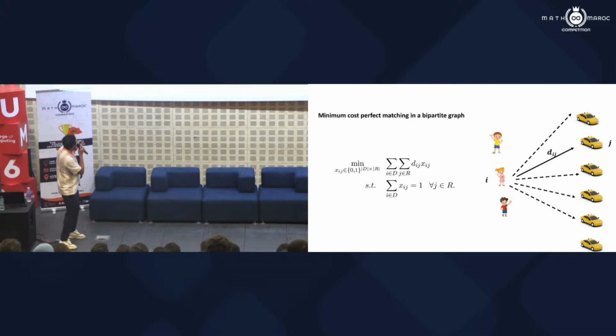So the objective is a summation over all drivers, summation over all riders, dij times xij. Which means that if you assign rider i to driver j, then xij is equal to 1.